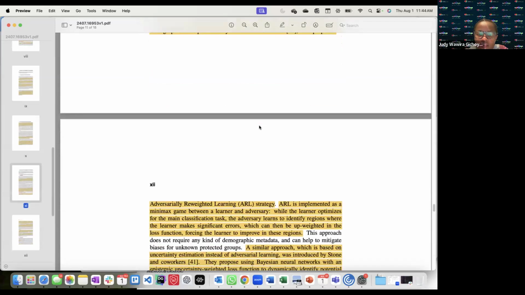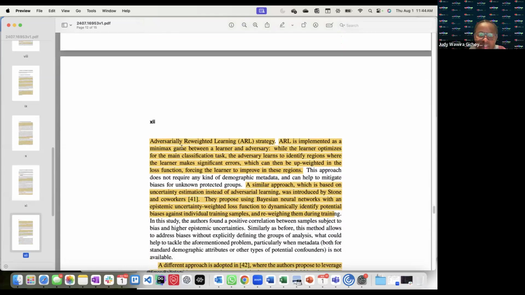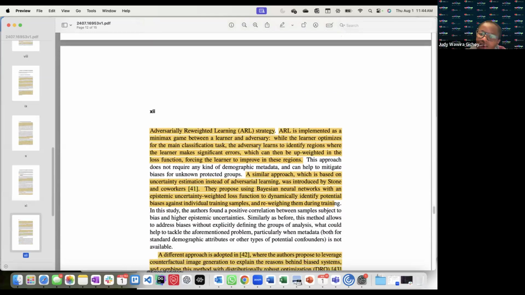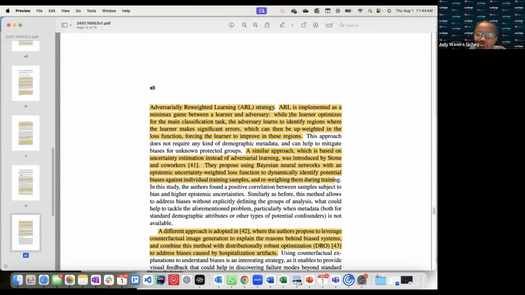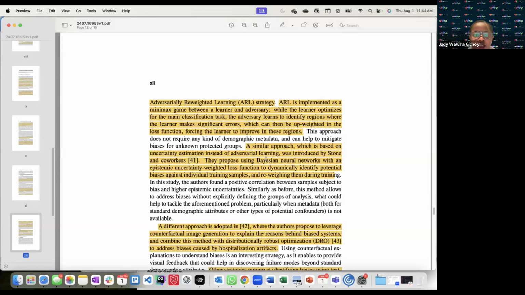And so, there is this adversarial reweighted learning strategy, and this is a game between a learner and an adversary, where the learner optimizes the classification task. The adversary learns to identify regions where the learner makes significant errors, and this can be upweighted in the loss function, forcing the learner to improve in these regions.